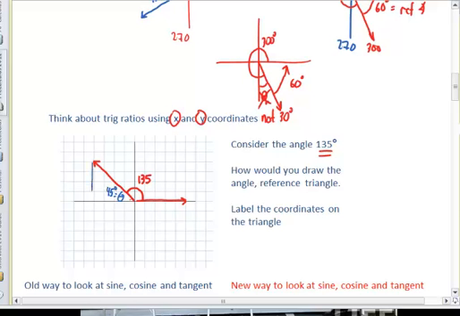I'm going to drop the vertical side, I'm going to draw the horizontal side, and hopefully you recognize from class that we're constructing our reference triangle, and hopefully you could see that one side is going to be s, the other side is going to be s, and this would be equal to s root 2.